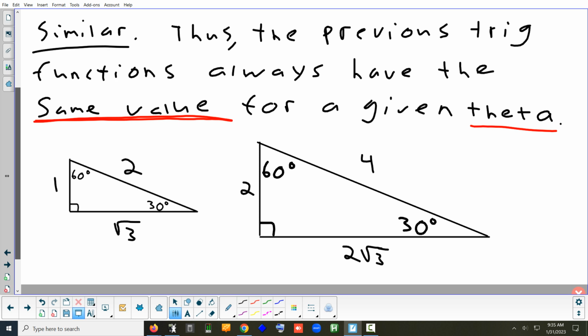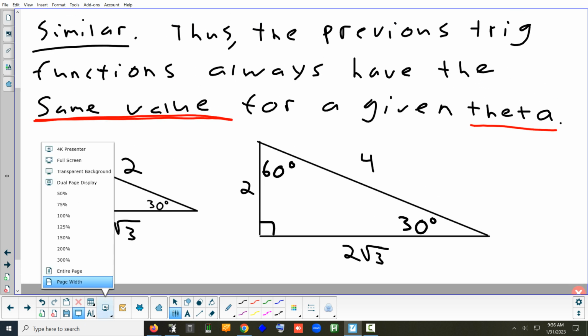So here's an example of two similar triangles. And the one on the right is a scale factor of 2. It's double the size of the one on the left. But they are similar. They have the same angles.